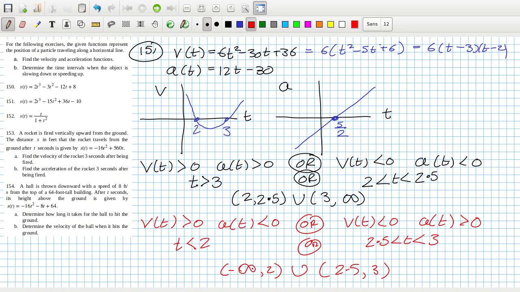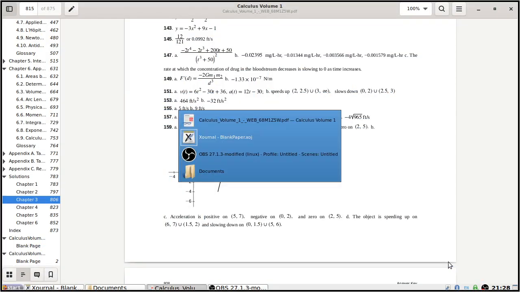I guess they're not allowing negative time here, of course. Yeah, funny. I mean, it's obvious, but it's not explicit in it. Yeah, no negative time. I forgot about that. I was thinking too mathematically. Okay, so that's right now. 0 to 2, 2.5 to 3.